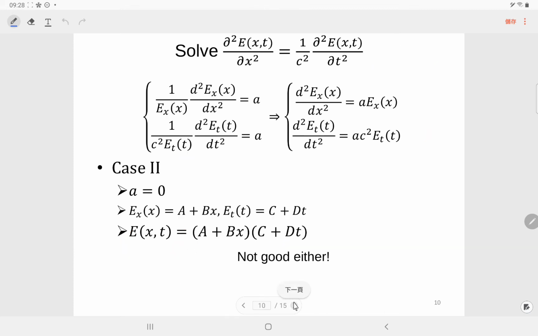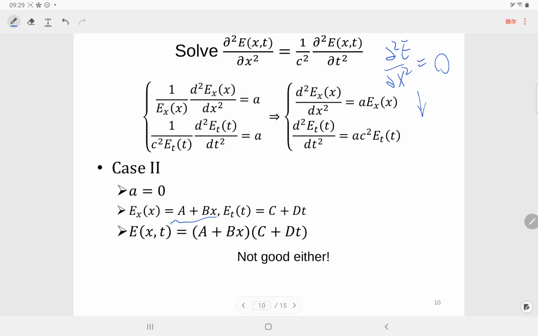And for the next case, if a is 0, which means that we have nothing but the second partial derivative of E with respect to x equal to 0. So we just integrate it two times. So E(x) would be a plus bx.